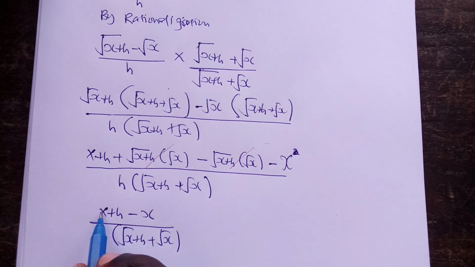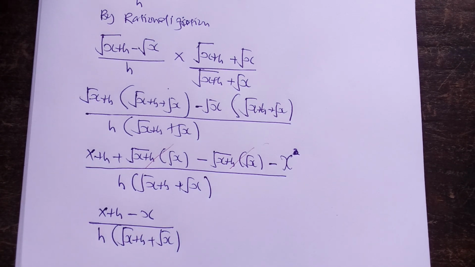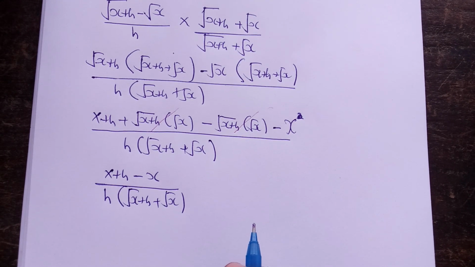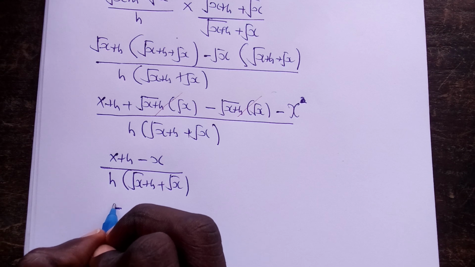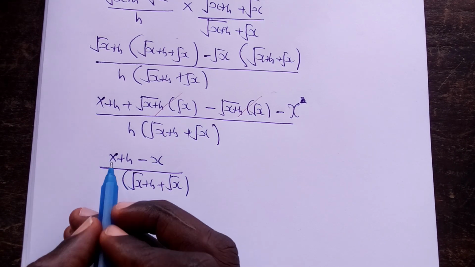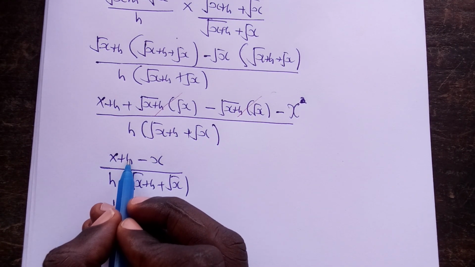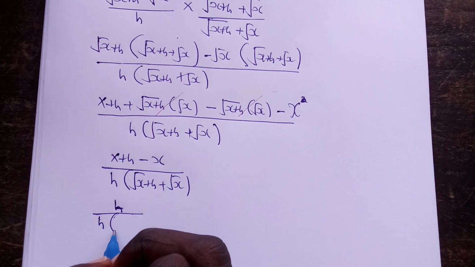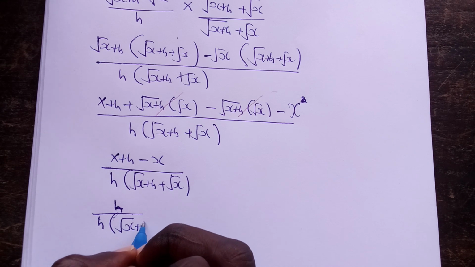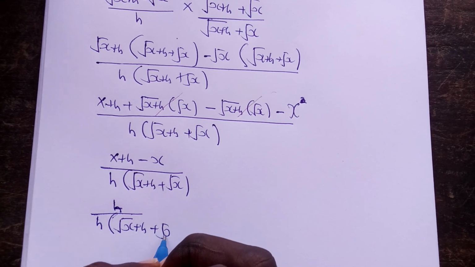Then if you are subtracting x minus x, we are going to have plus h, that is h remains, because x minus x goes. It only remains h divided by h into root of x plus h plus root x.